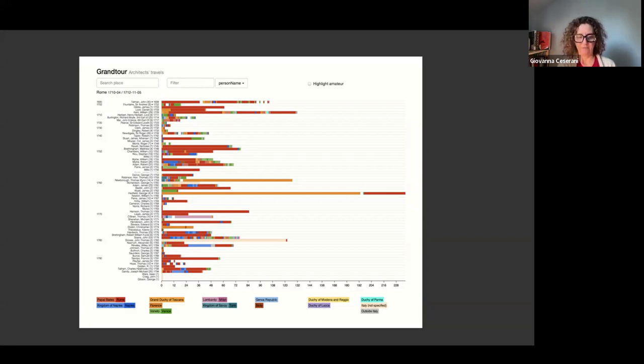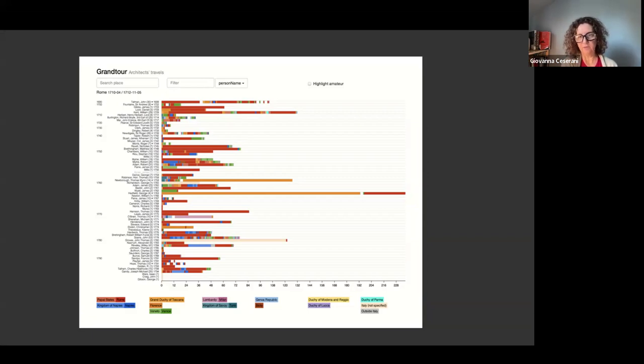Could we even see from this, looking at these 69 architects, who were the ones who endeavored to visually document ancient monuments? And in fact, some of the less visited destinations in this time chart contain particularly compelling stories.